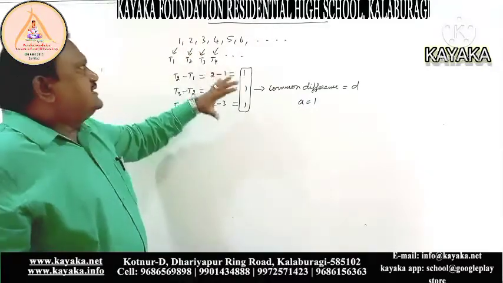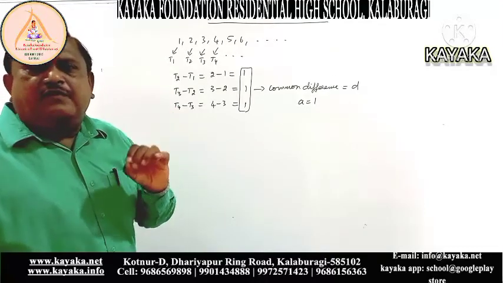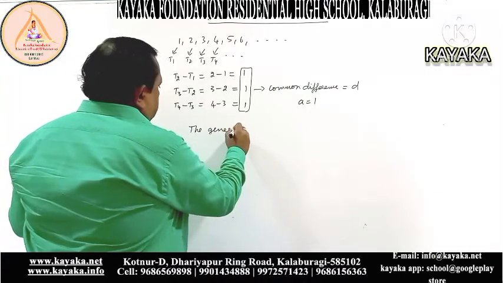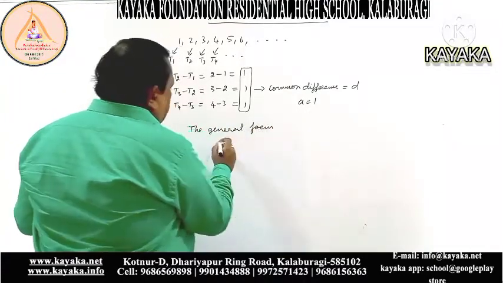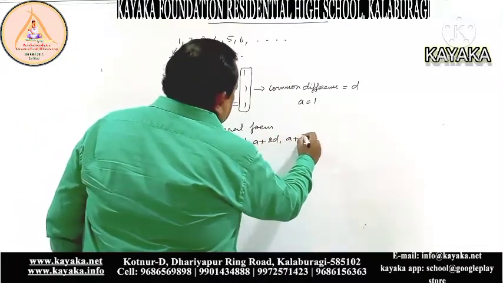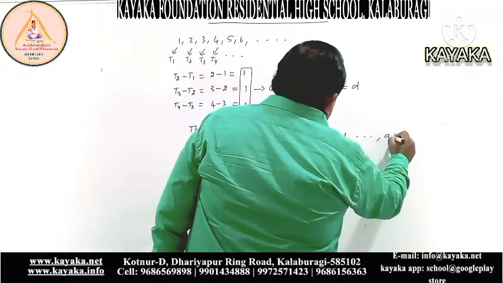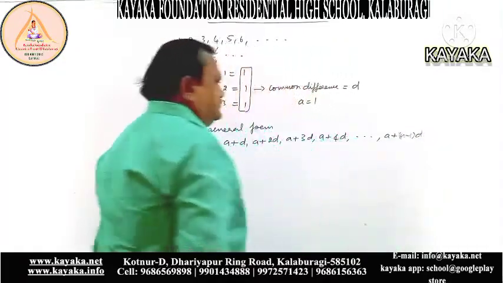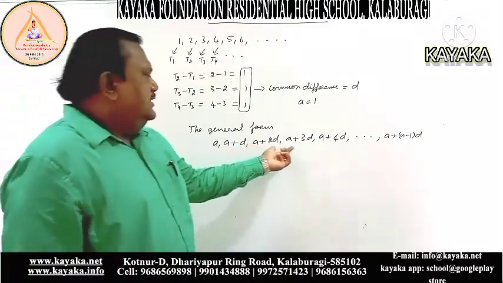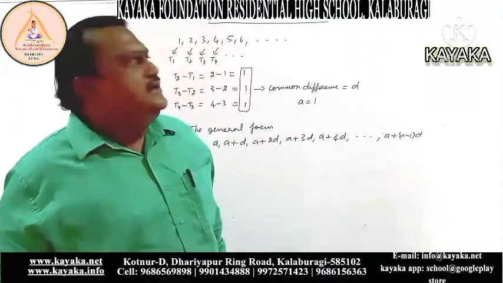Now, these are the basic things for arithmetic progression, and again, all of you know what is the general form of an arithmetic progression. The general form is given by A, A plus D, A plus 2D, A plus 3D, like that it goes on, up to A plus n minus 1 into D. This is called the first term, this is the second term, third term, like that it goes on, and this last term is called the nth term.